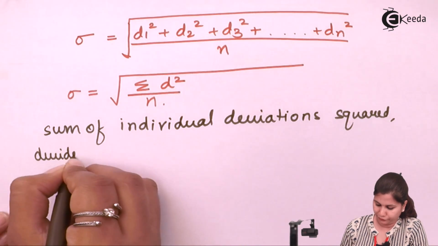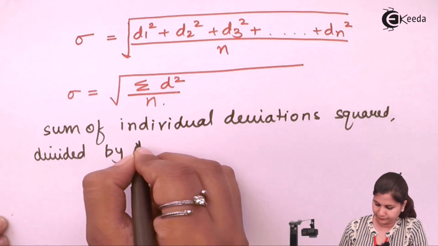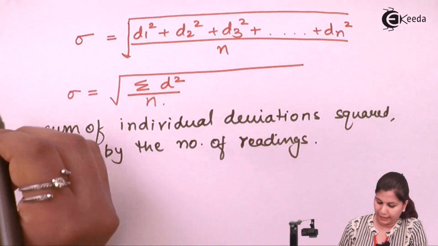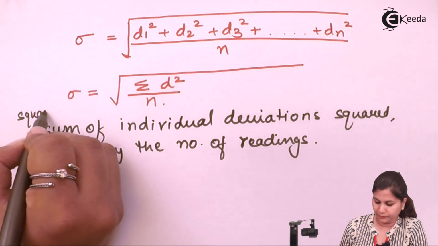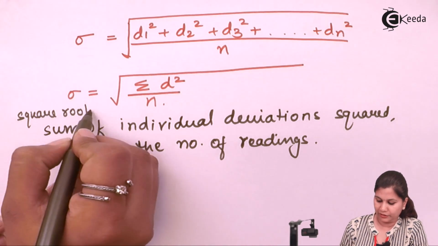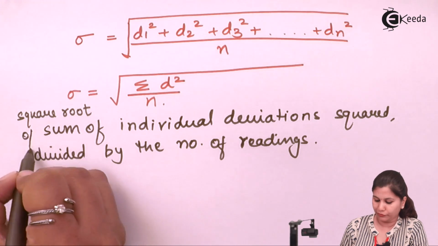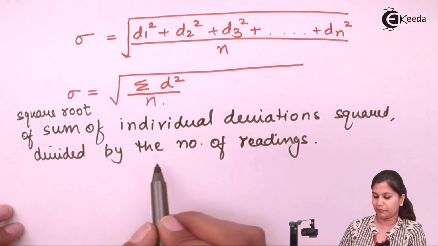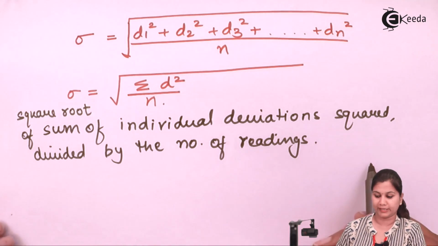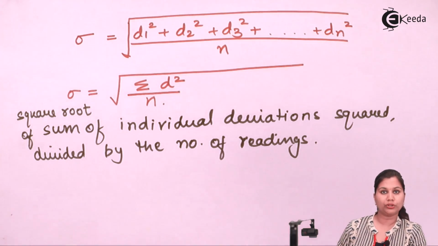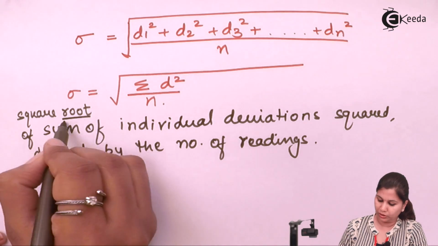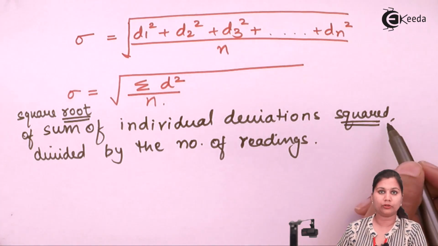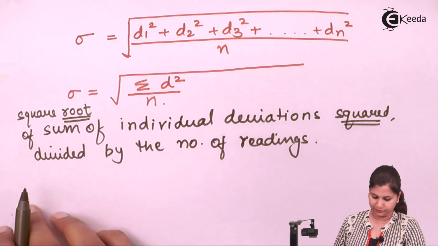Standard deviation is the square root of the sum of individual deviations squared divided by the number of readings. That is why it is called the root mean square: we have taken the root, the mean and the square. Root mean square deviation.